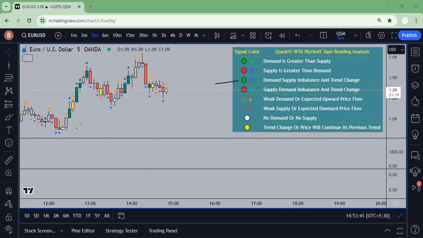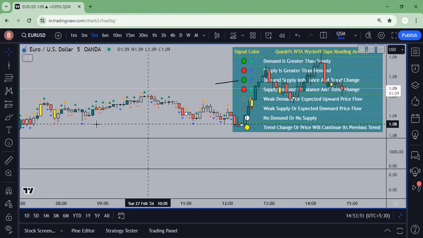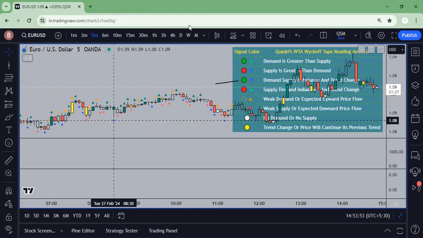Having said that, if you see a green candle with blue triangle, that means there is an imbalance between demand and supply.